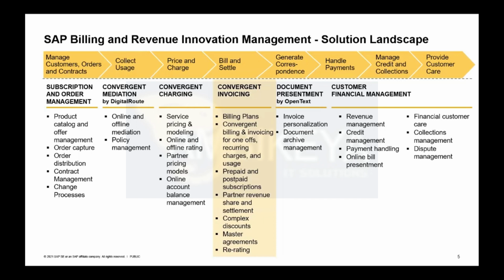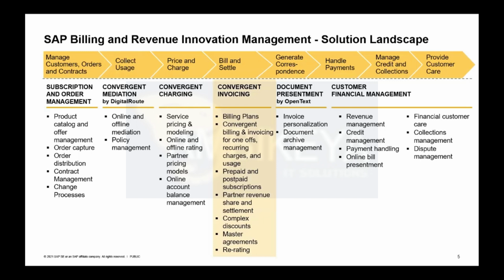So here we have the master data in place, the business partner and the contract account. We are then able to run, in Convergent Invoicing, the collection of one-offs, recurring charges and usages. So we are collecting billable items and preparing them for billing and invoicing.